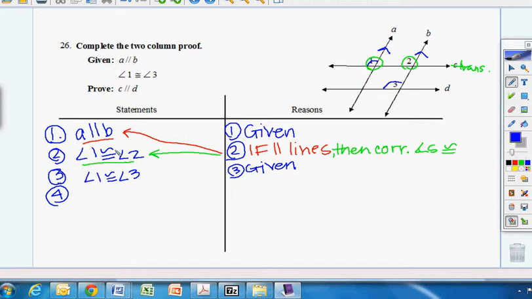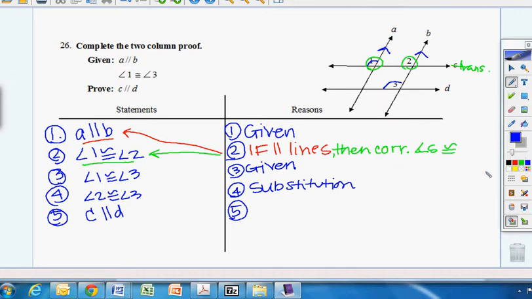But if 1 is congruent to 2, and 1 is also congruent to 3, I can now say angle 2 is congruent to angle 3. And why? Good old substitution. If these are congruent, then C and D are going to be parallel. C is parallel to D.